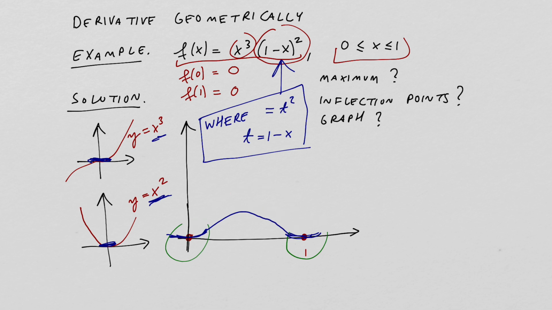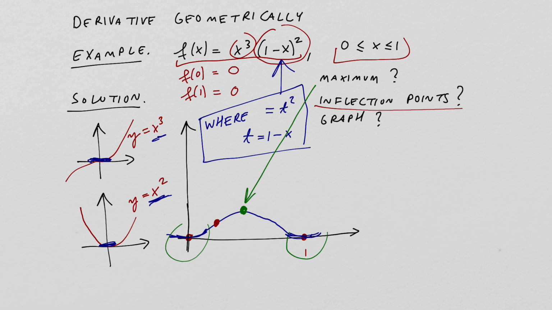Let's now study this graph more. For example, we want to find where is the maximum of this function. Then we want to know if there are some inflection points. It means some points like maybe here could be one inflection point.